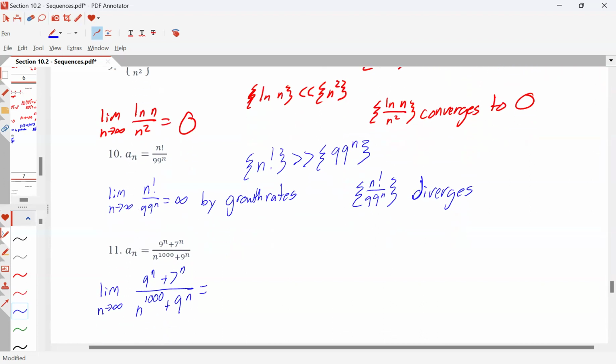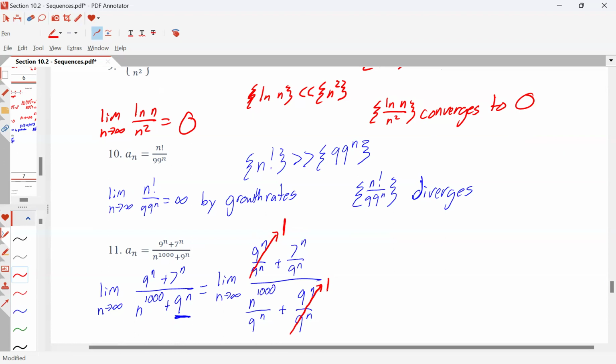So we're going to divide everything by this 9 to the n. So that's the fastest growing in the denominator. So limit n goes to infinity of everything divided by 9 to the n: 9 to the n over 9 to the n, plus 7 to the n over 9 to the n, all over n to the 1000th over 9 to the n, plus 9 to the n over 9 to the n. Here we have two things that are dividing by themselves.